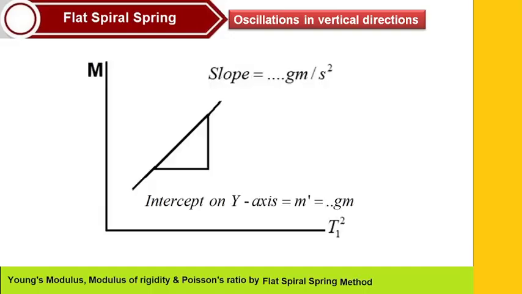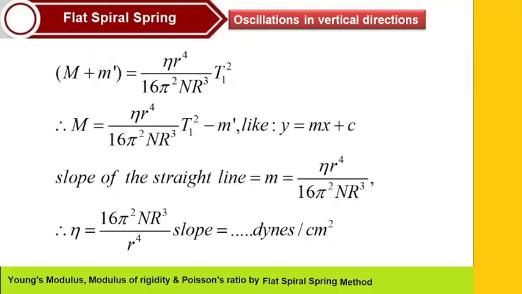Now plot the graph. On the y-axis there is mass, and on the x-axis there is T1 square. Slope is equal to dash dash gram per centimeter square, and intercept on the y-axis is equal to small m dash, equal to dash dash gram.